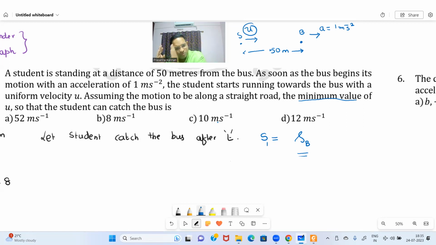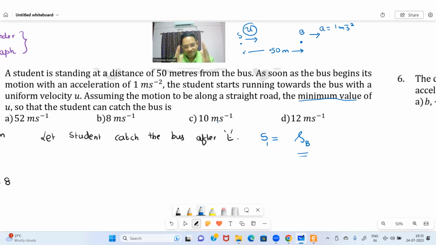If the student also moves another 50 meters, the distance between them will still be 50 meters, correct or not? So what is the conclusion? Must the student move a greater distance in the same time than the bus, or equal distance, or less distance? Equal distance, sir.